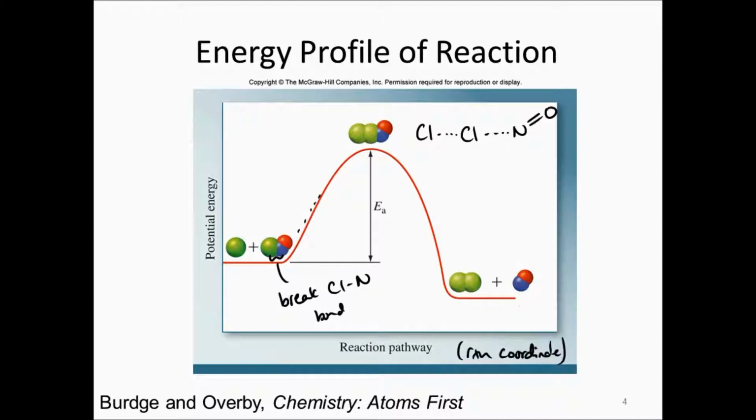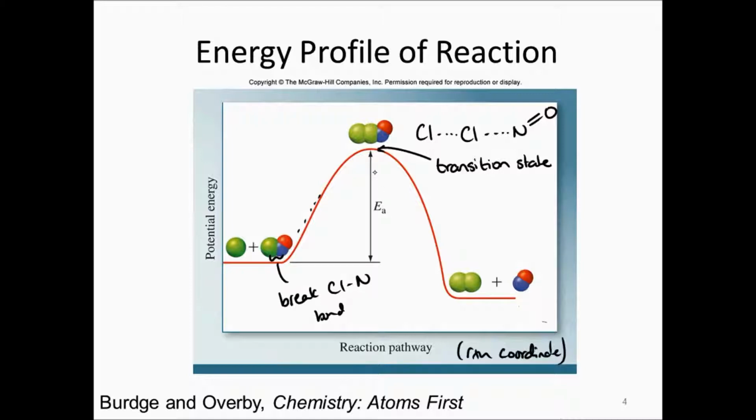Okay. And in this case, at some point you reach a maximum in energy. Now this maximum in energy is referred to as the transition state. And the energy required to form the transition state acts as a sort of energy barrier from the reactant.